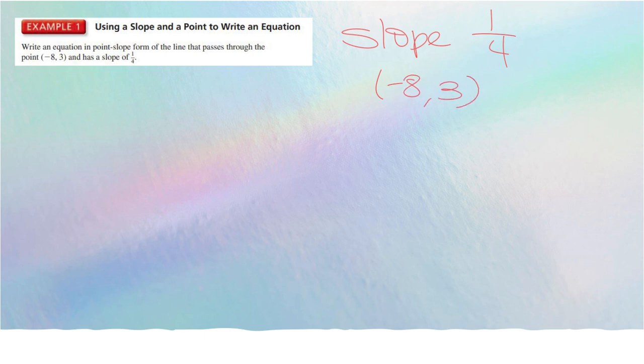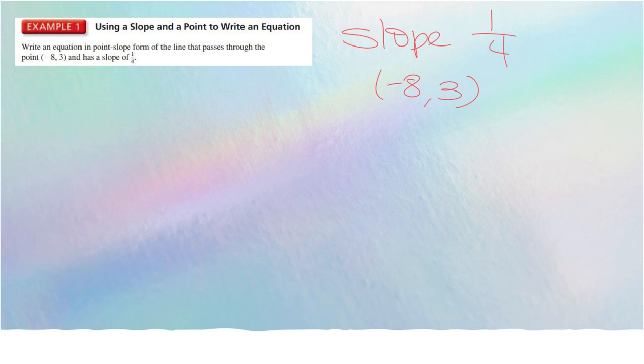Okay. So our slope is 1/4. And what are the points? -8 and 3, correct? Will those be our first points or our second points? Were we given 2 points or 1 point?